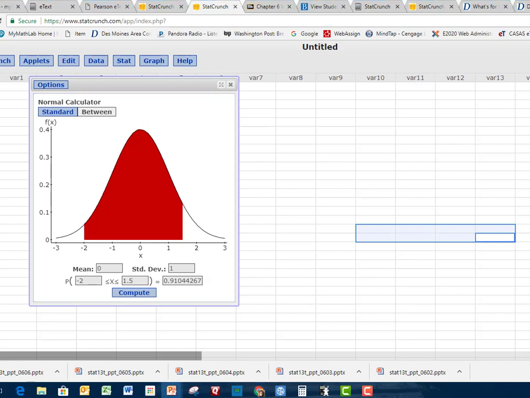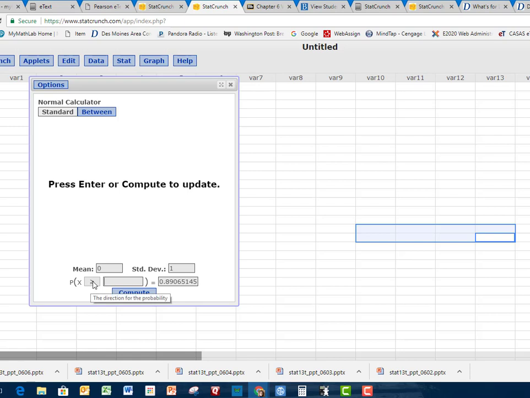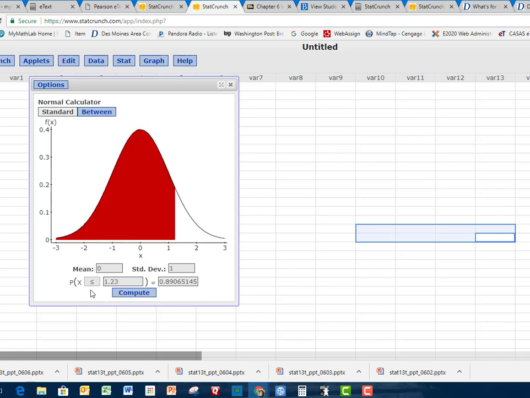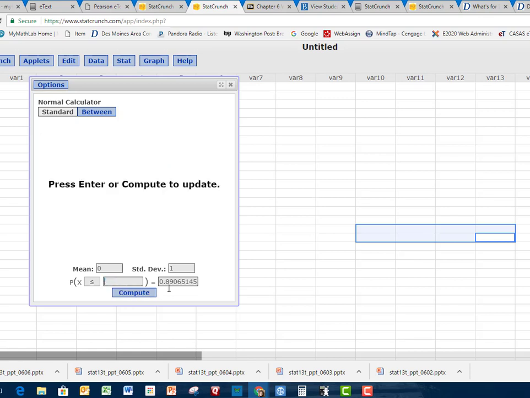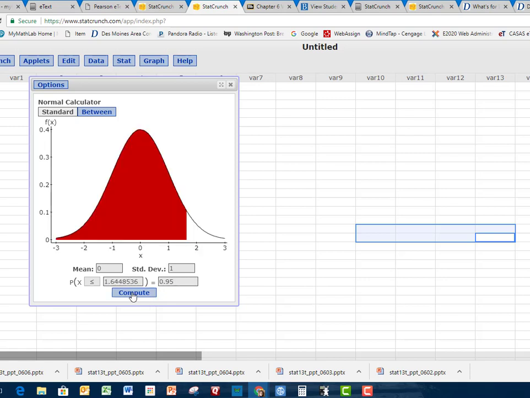Now, when we want to find the probability and we need to find the z-score, we'll go back to the standard, but let's say I want to know what score is the upper cutoff for the 95th percentile. So what score has 95% of the area under the normal curve below it?